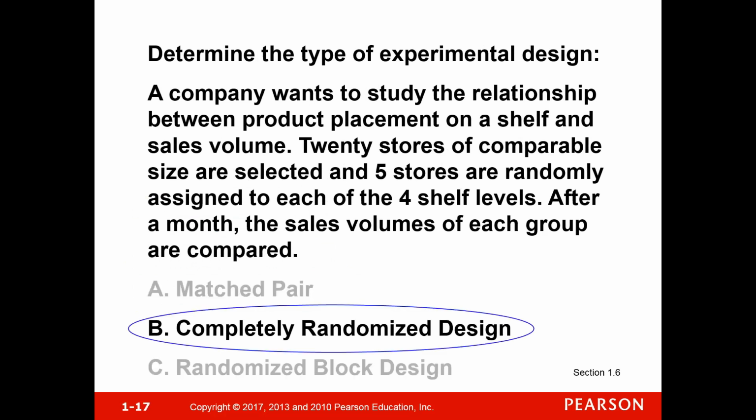Okay, and these types of samplings were discussed in section 1.6 near the end of the chapter. This is called a completely randomized design. So 20 stores of comparable size are selected. 5 stores are randomly assigned to each of the 4 shelf levels. So that's a completely randomized design.